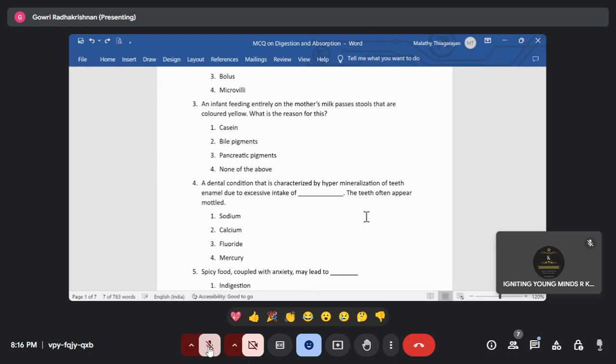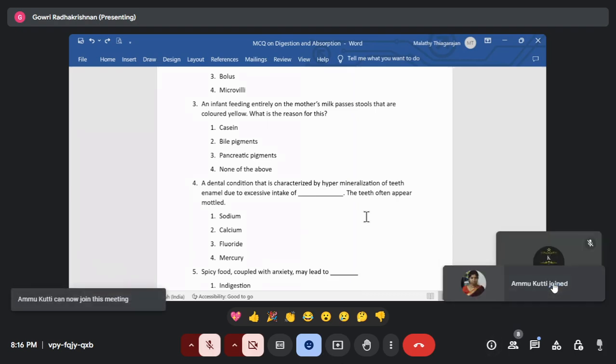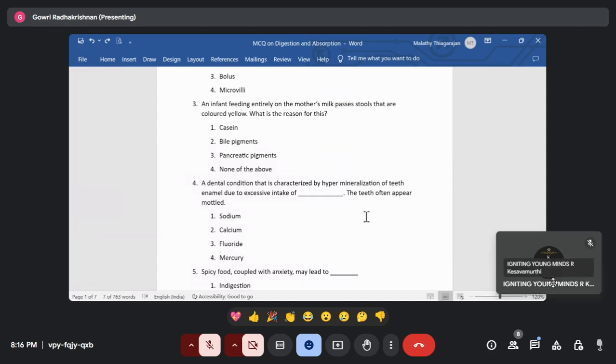So it depends on the accumulation of the enzymes or whatever is present. The color also changes, but normally it is yellow, and that's because of the bile pigment, which carries the red blood cell destruction products.